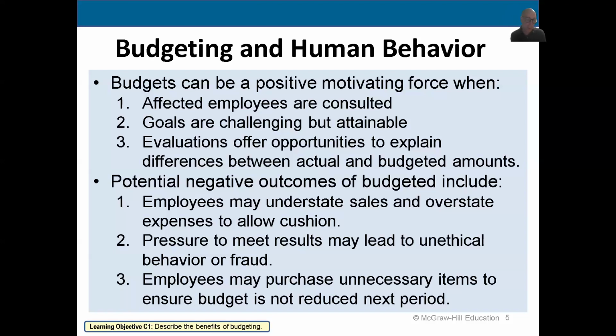Employees might decide to make unnecessary purchases to meet the budget, so that way next year's budget is the same or is not reduced. This is a common problem in government agencies. They always say we need to spend as much as we can this year so that way we get the same amount next year.